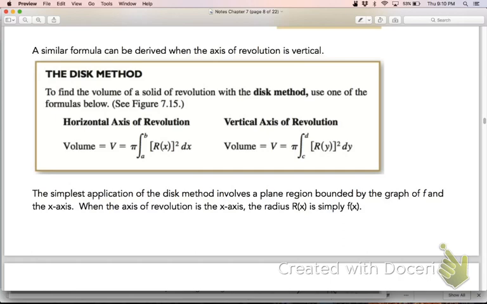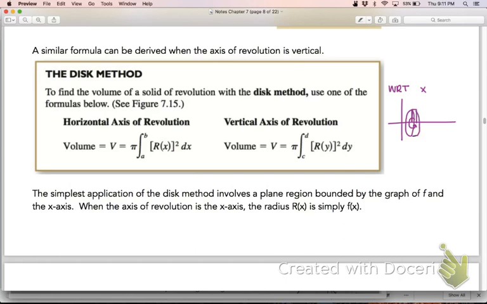If it is a vertical axis of revolution, we're going to integrate with respect to y. So if we were going with respect to x, okay, those are the examples that we just looked at. I would take my sort of representative rectangle here, and I would rotate it around the x-axis, so we would end up with these discs.